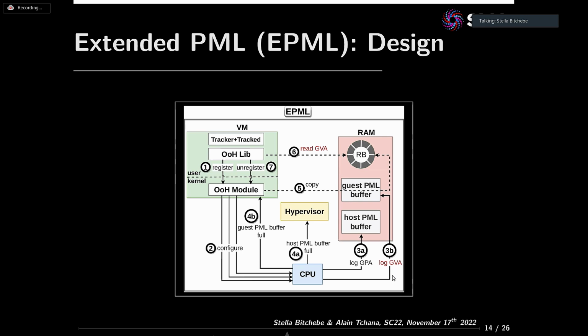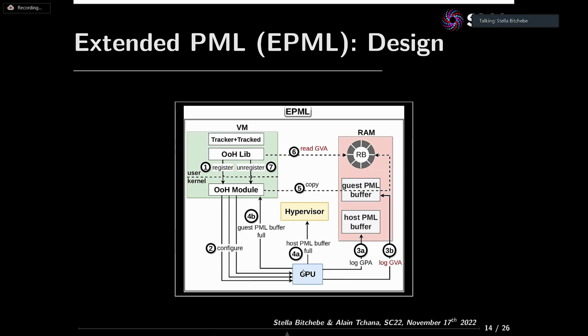And these virtual addresses, the processor already knows them because the PML logging takes place during the page table walk. With hardware-assisted virtualization, the processor walks both the guest page table and the extended page table, and the entry point is the guest virtual address. So obtaining this address requires no additional instruction because the processor already knows it.